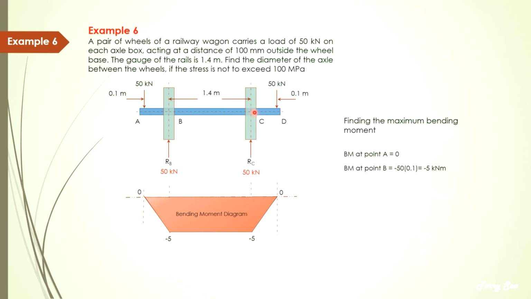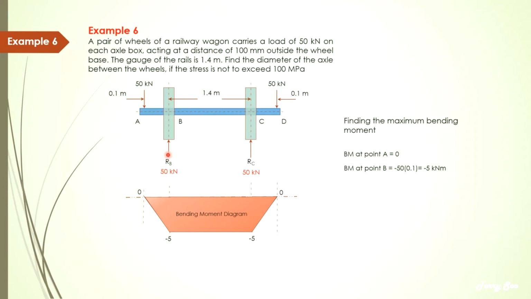Then next, we move to point C. When the reference is at point C, we have a force 50 multiplied by this length here, which is 1.5, and then you have this 50 here multiplied by 1.4. So you can take 50, which is negative, bending downwards, times 1.5.